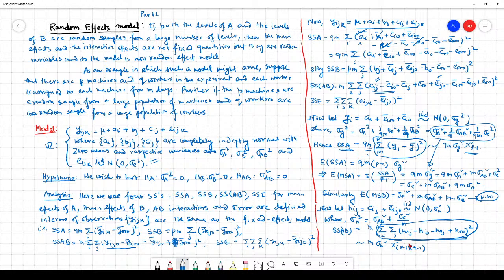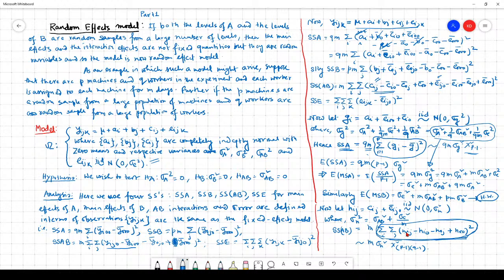Okay, follow me. Have you any trouble? Please tell me. If there is anybody watching this video, you can also write your comment in the comment section. Just look at the expression of SSC, the sum of squares due to error for two-way ANOVA with one observation per cell. Then you see that these are the same thing, instead of Hij you write Eij.